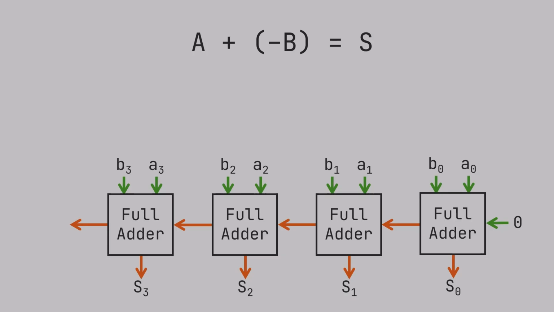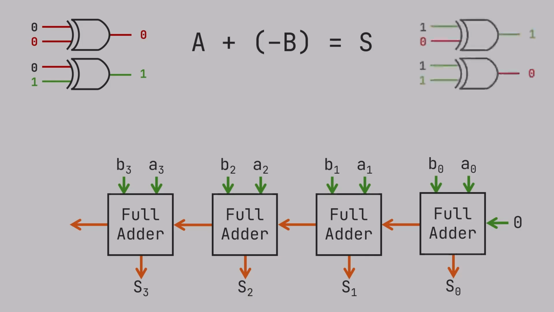We can do that using the XOR gate. So if we look closely at the properties of the XOR gate, we realize that if we set one of the inputs to 0, then the output will be exactly the same as the second input. But if we set one of the inputs to 1, then the output will be the inverse of the second input.